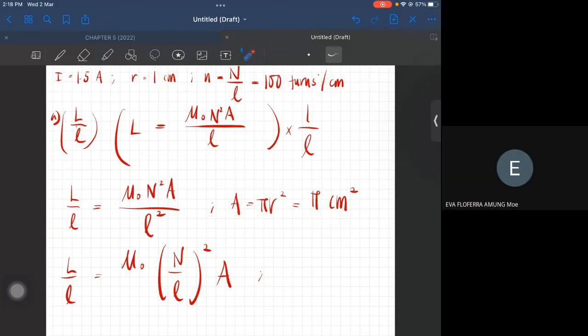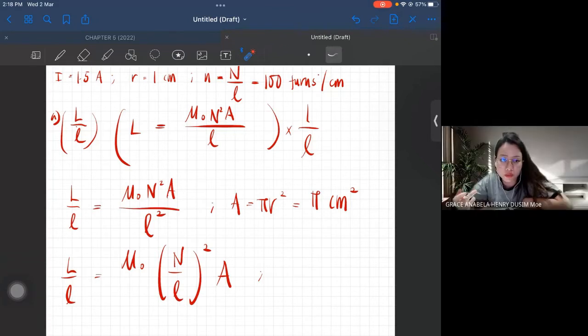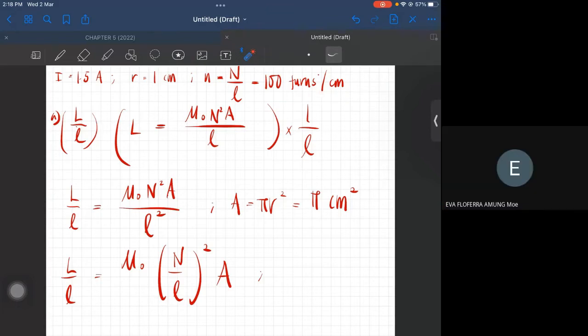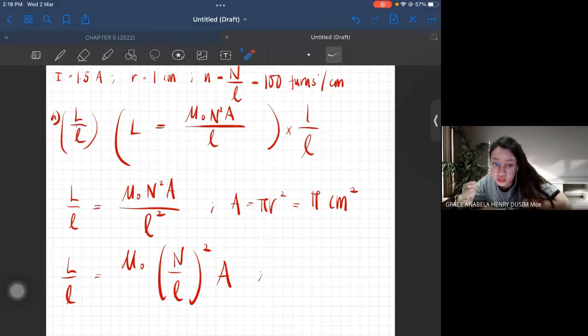Miss, what if we convert the number of turns per length to per meter? You can, but it is easy to make mistakes when converting to per meter. But if you get the correct answer, then it is correct. For those who are confused about how to convert, stick to centimeter. The area should be in centimeter because N over L is in centimeter.